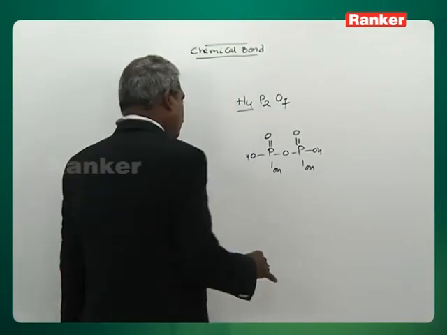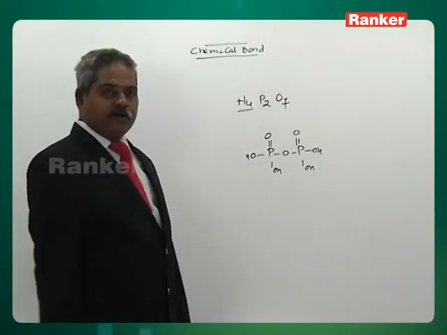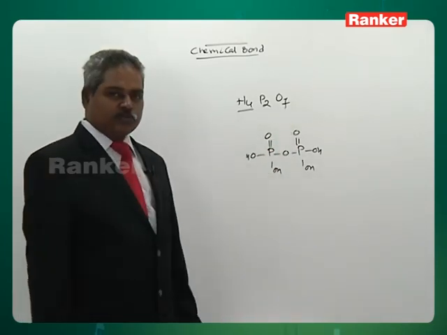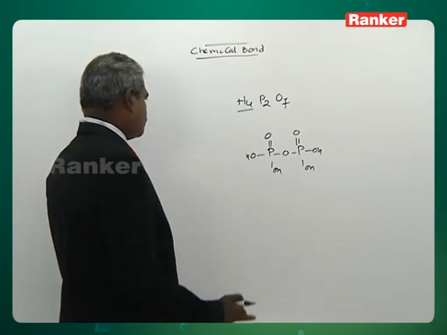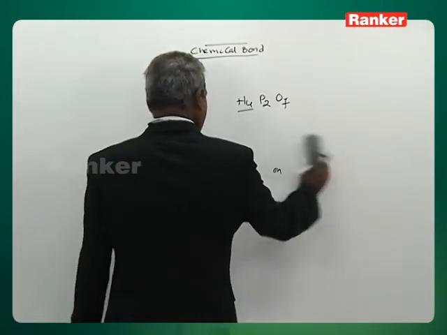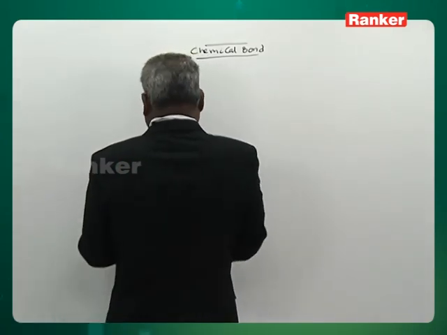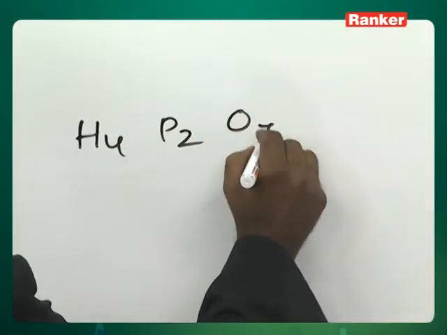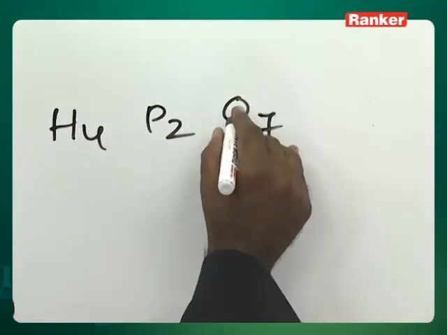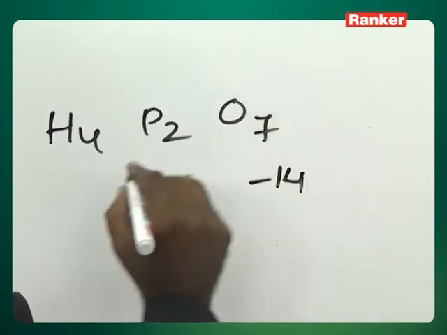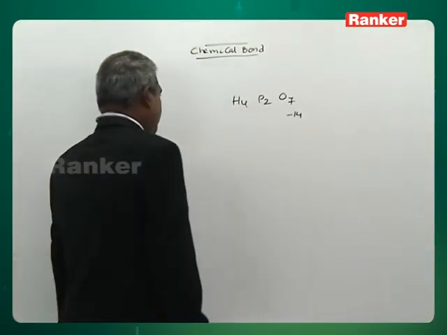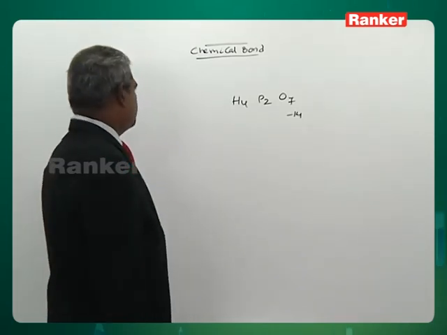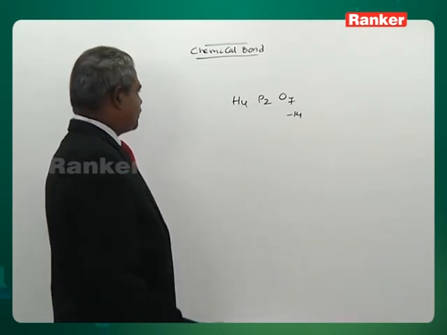So, in fact, you don't have an oxygen single bond. You never have a direct bond between oxygen and oxygen. That was not even needed. But once again, you can't draw the structure and decide. So, what you do is, you go by the generalization. 7 oxygens, minus 14. Hydrogen, in most cases, it is plus only, except with metals. You know, hydrogen is always plus 1.